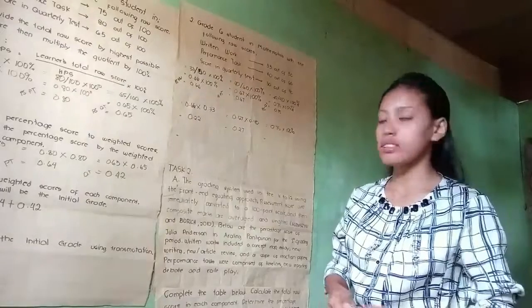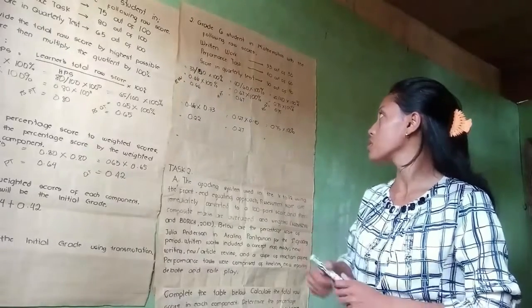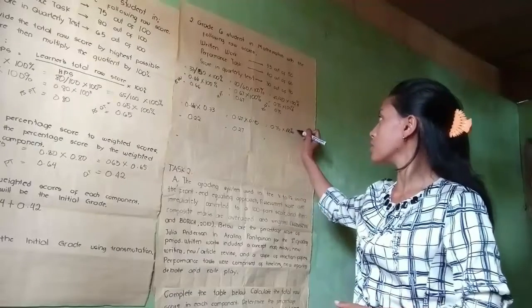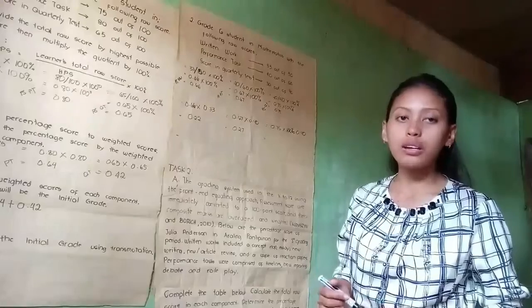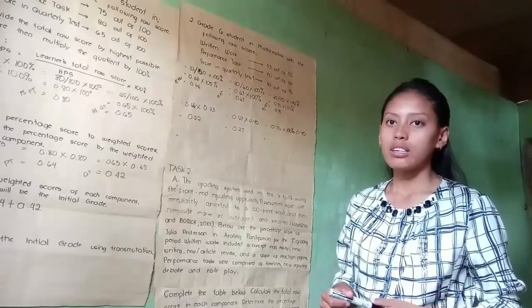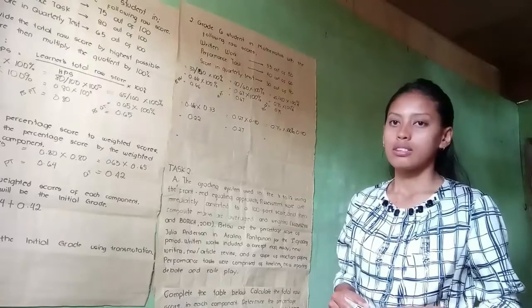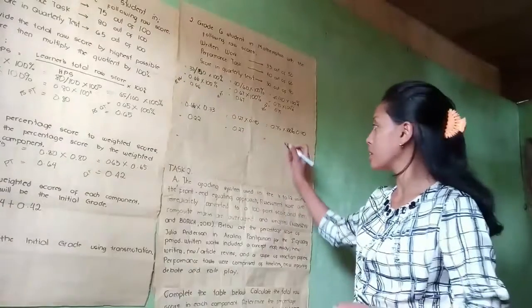Next is 0.75 times 100% times 0.40, which is 0.75 times 0.40, is equal to 0.23.